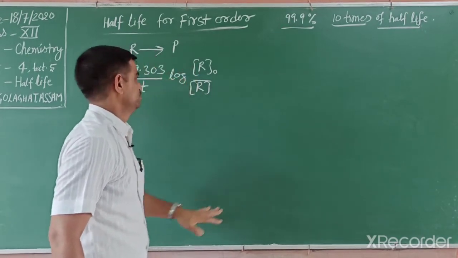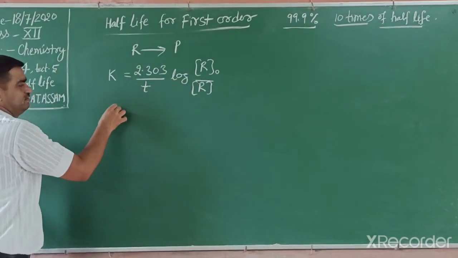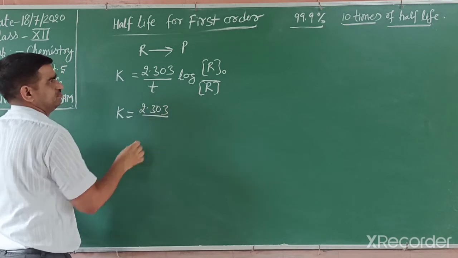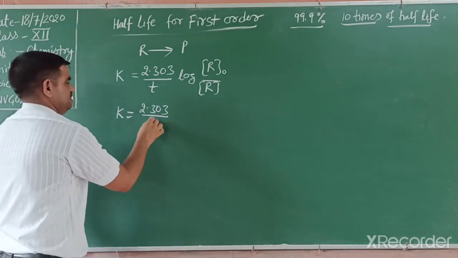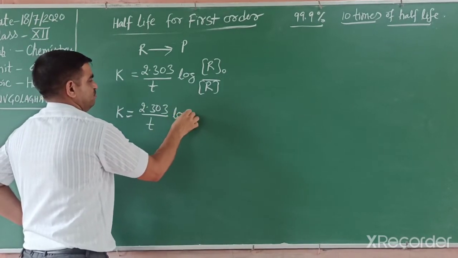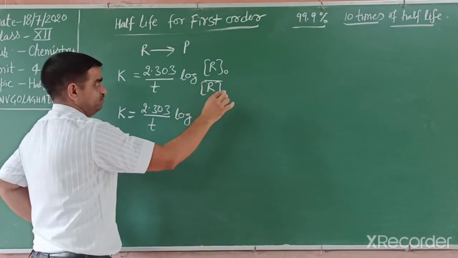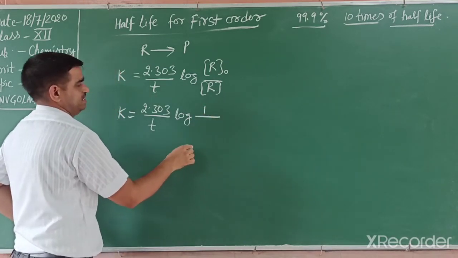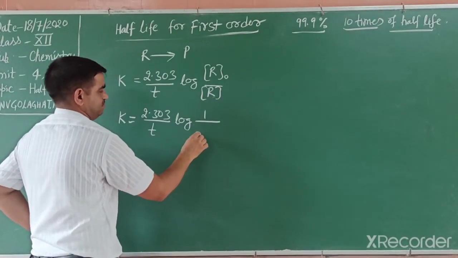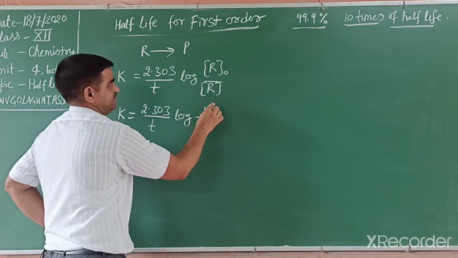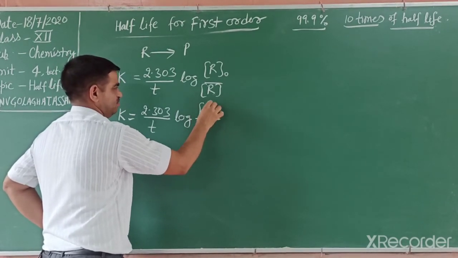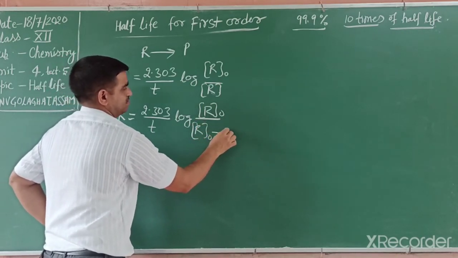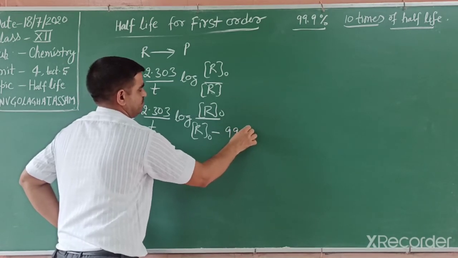For 99.9% completion, K is equal to 2.303 by T log R0 divided by R. If R0 is 1, we can take 1 in place of R0, and for R we write the initial concentration minus 99.9%.